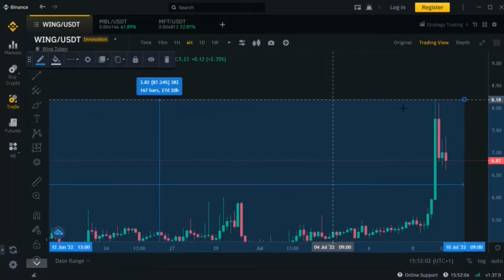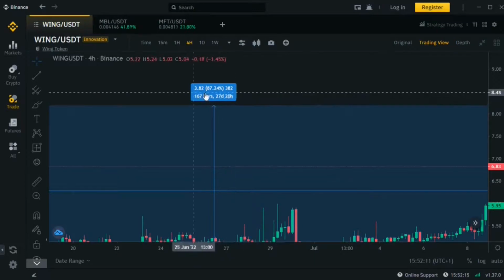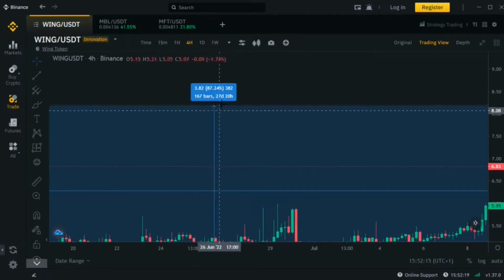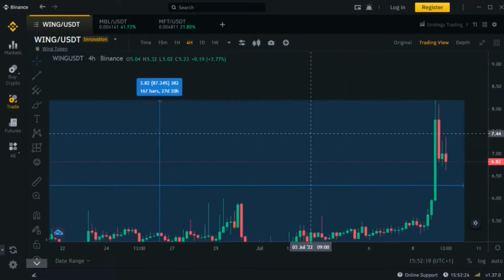So as you can see on the candlestick price chart data, the most current bullish trend section of the WINGUSDT cryptocurrency pair bounced up by approximately 87% in about 27 days and 2 hours.